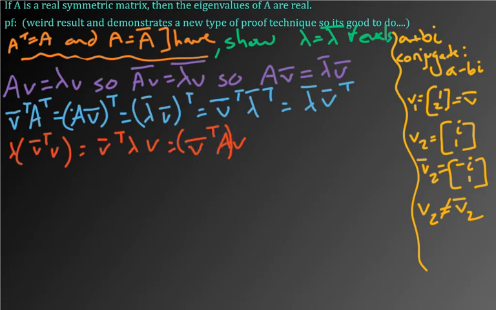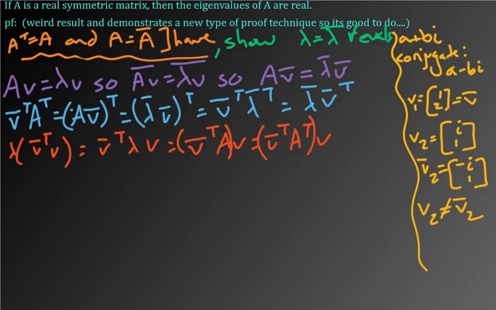And we know that since A is symmetric, I can link this with my line in blue right here, because V conjugate transpose A could be equal to V conjugate transpose A transpose, and then times V, because A is symmetric.